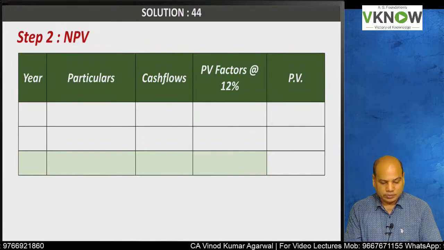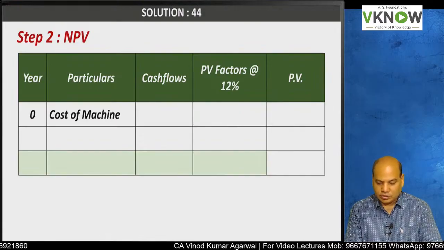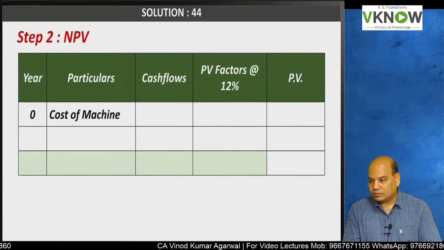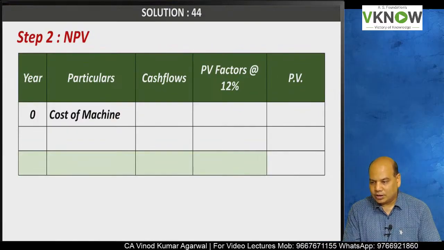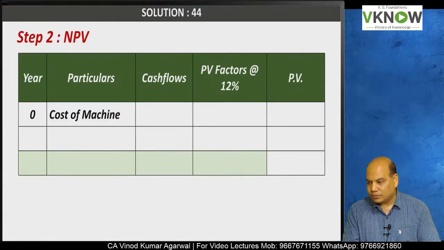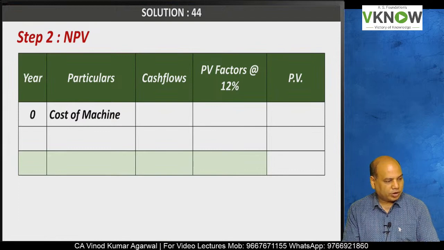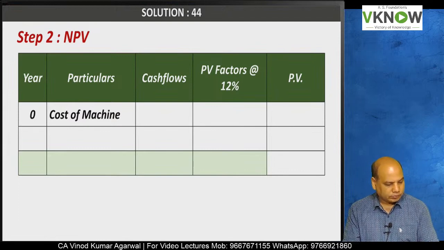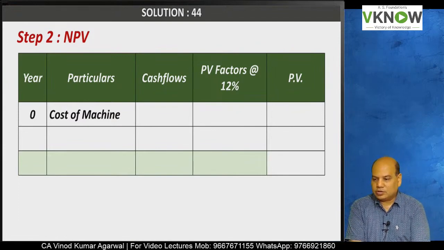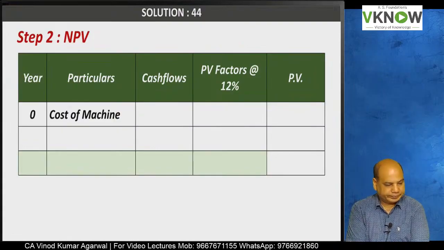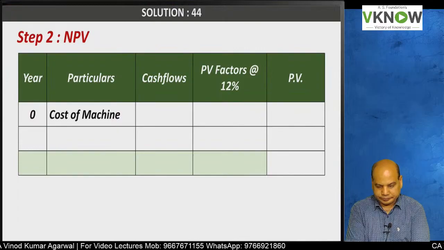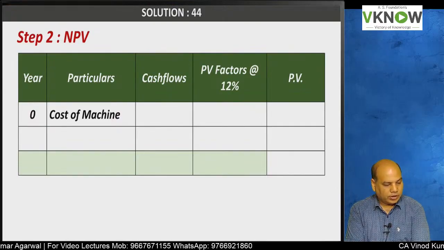Write properly. Somebody is checking your answer also. For NPV calculation, I will just write this simple format: year, particular, cash flow, PV factor at 12% and PV. Now please try yourself.